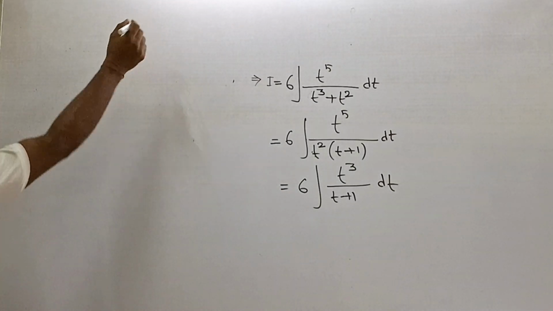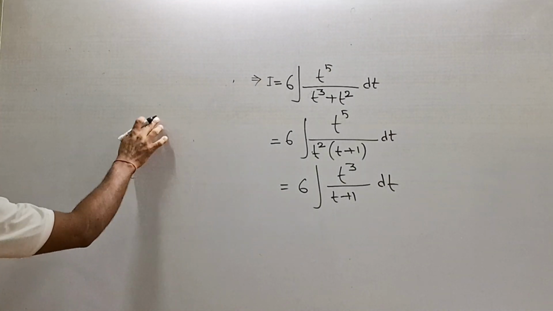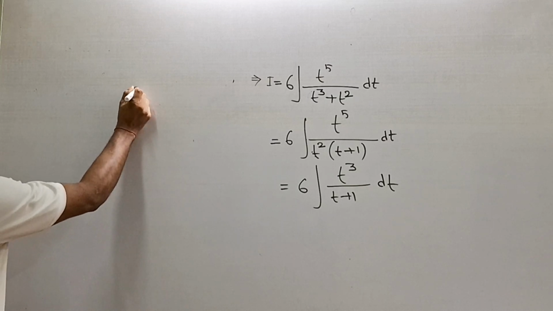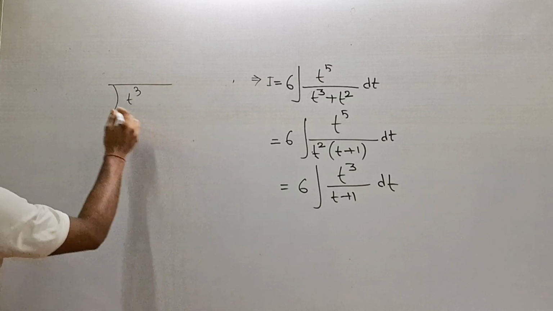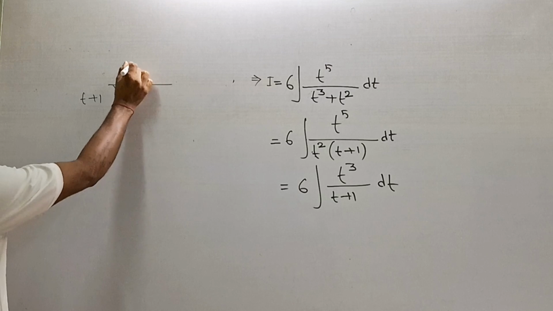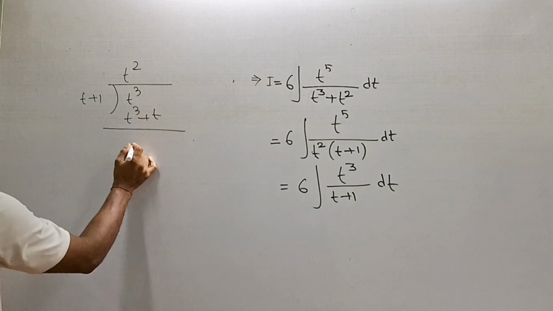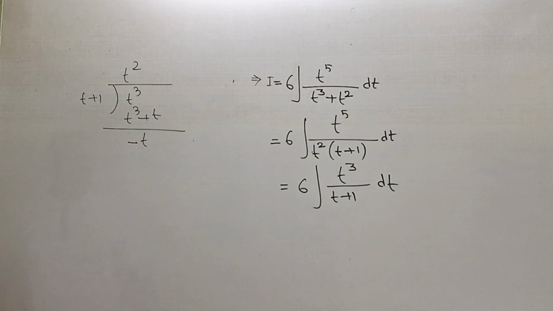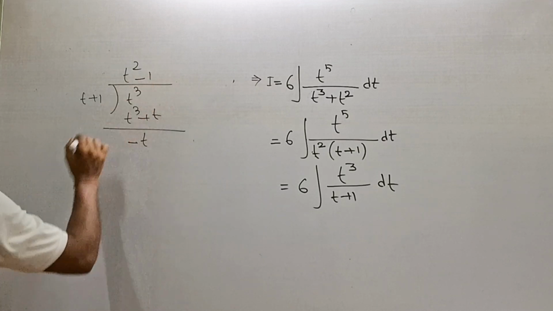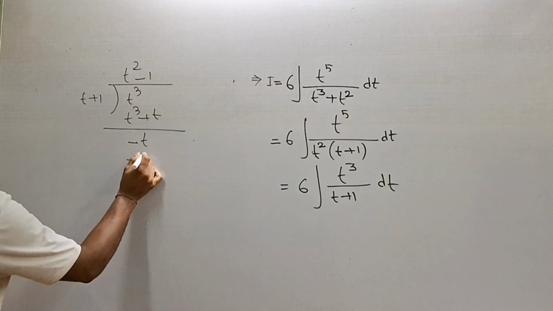Here in rough you can do this division, but I am showing you here: t cube divided by t plus 1. So t square, then t cube plus t, subtract it.